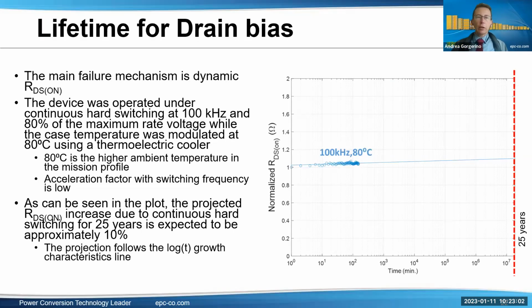The next failure mechanism we want to talk about is the lifetime for drain bias. This is an area that is very different than silicon FETs. The main failure mechanism when we talk about drain bias for GaN is dynamic RDS-on. I'm sure a lot of you have heard about this word. Dynamic RDS-on is the phenomenon where during normal operation, because of drain bias, the RDS-on of the device actually increases.